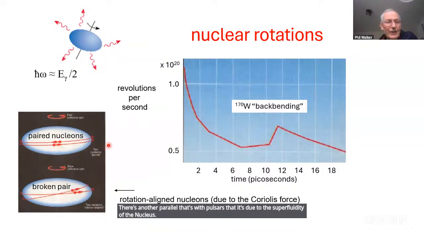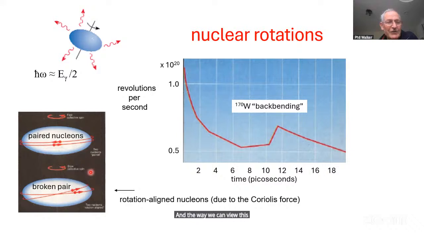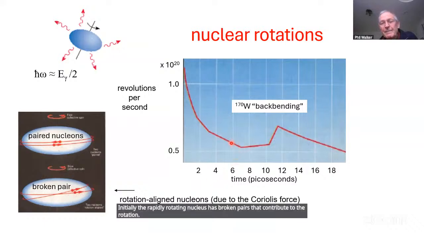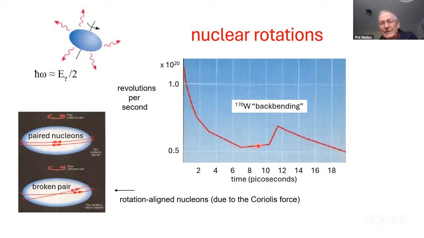The way we can view this in nuclei is that initially the rapidly rotating nucleus has broken pairs that contribute to the rotation. But as it slows down, these broken pairs rejoin.